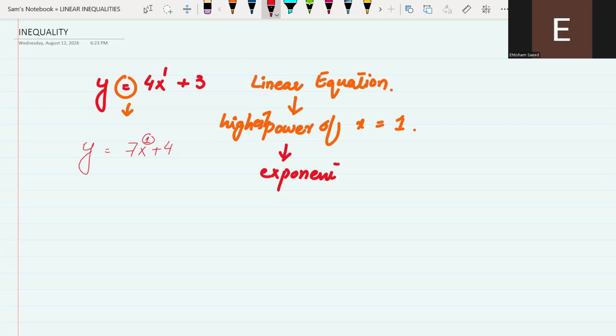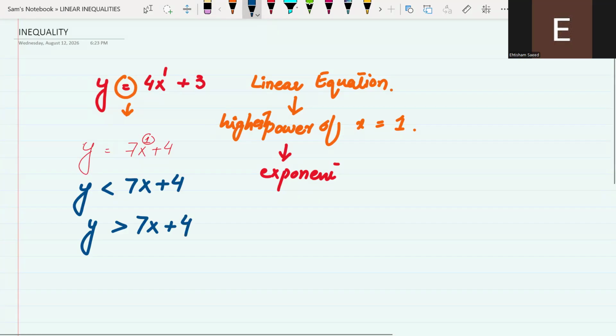So if I remove this equality sign and I write it this way, this is an inequality. If I write it this way, this is also an inequality.